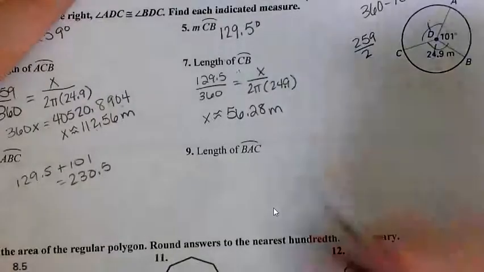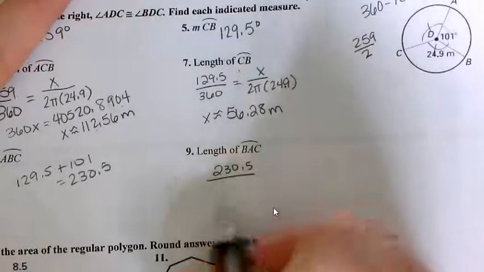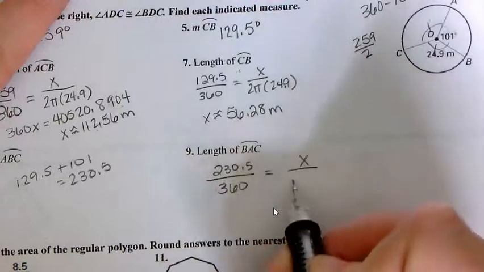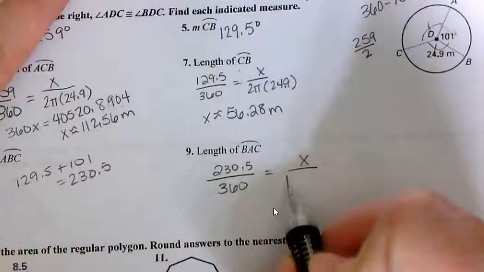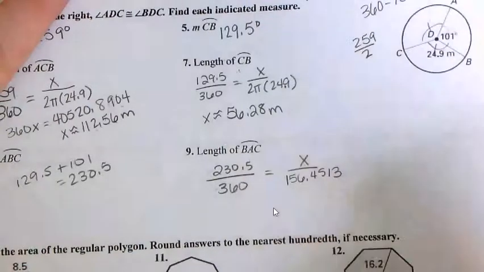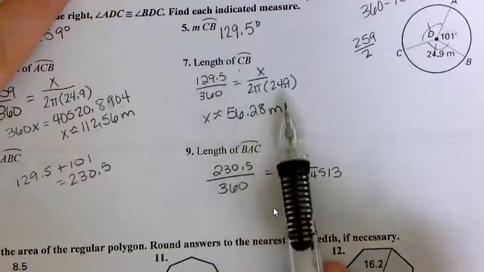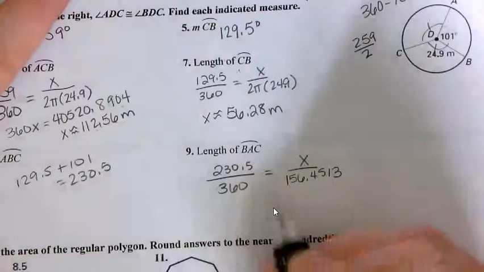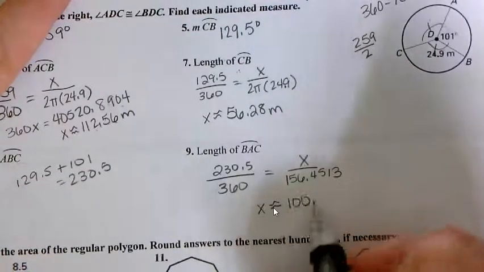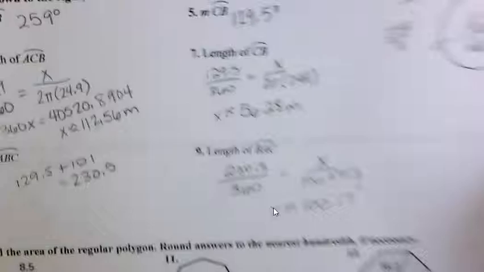Using 230.5 degrees, find the length of BAC. 230.5 degrees over 360 equals x over 2 pi times 24.9, which is roughly 156.4513, and you can approximate that if you would like. Instead of using the 2 pi times 24.9 up above, just use 4 decimal places when you do your calculations. The measurement comes out to be approximately 100.17 degrees. That covers 11.1 there.